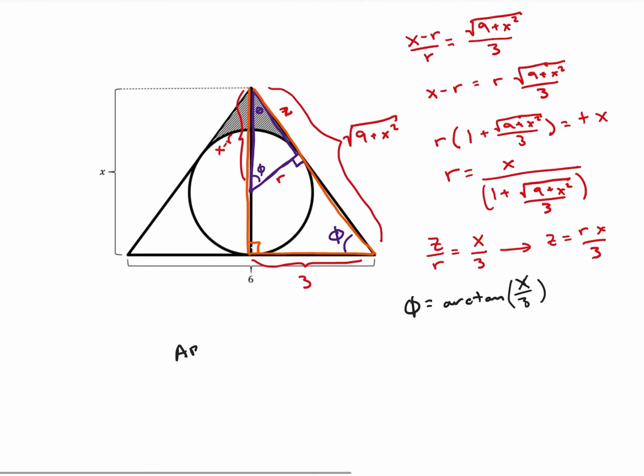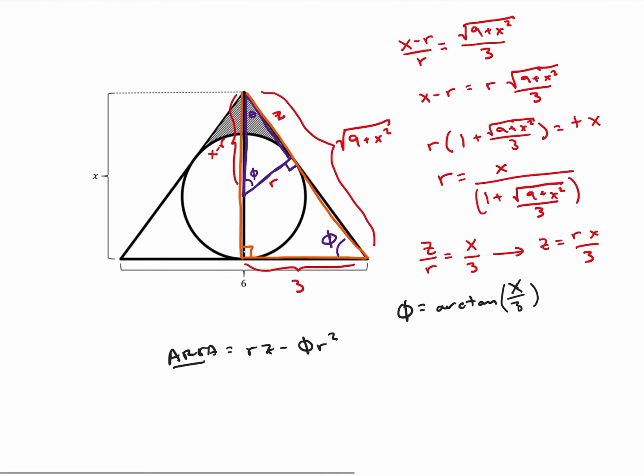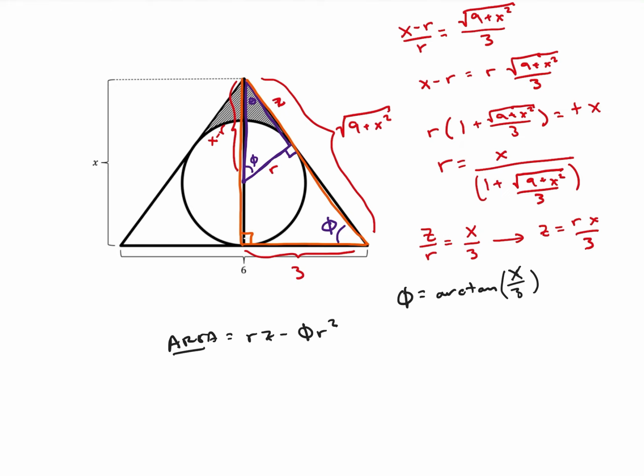So this total area is going to be equal to rz minus phi r squared. And now I can substitute in these known quantities. So my area is going to be r, which is x over 1 plus the square root of 9 plus x squared over 3, times z, which is r times x.